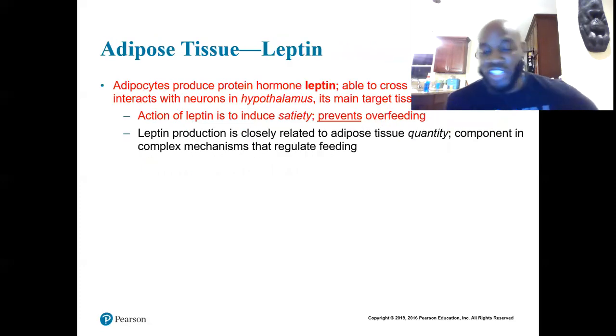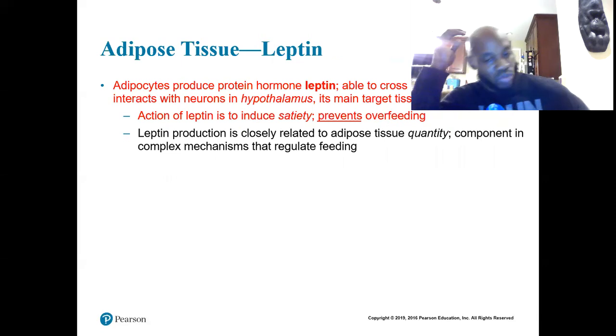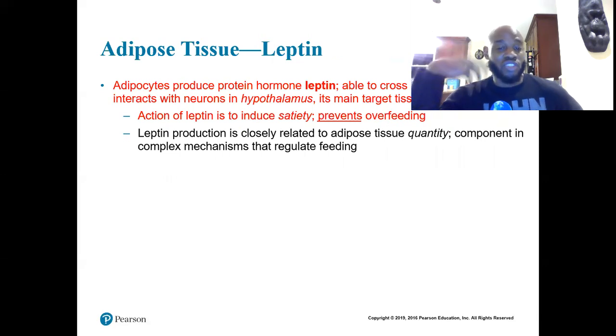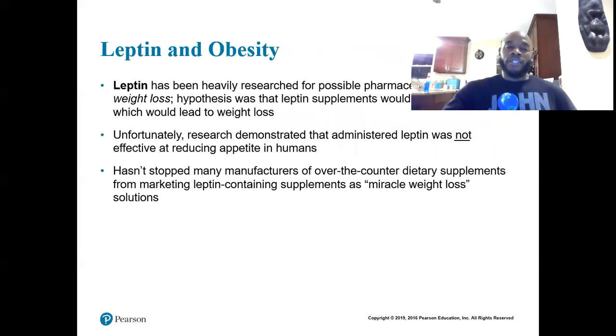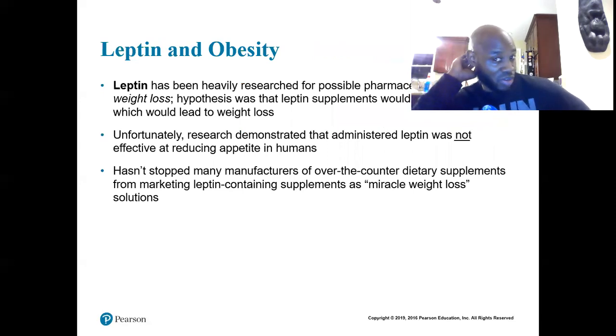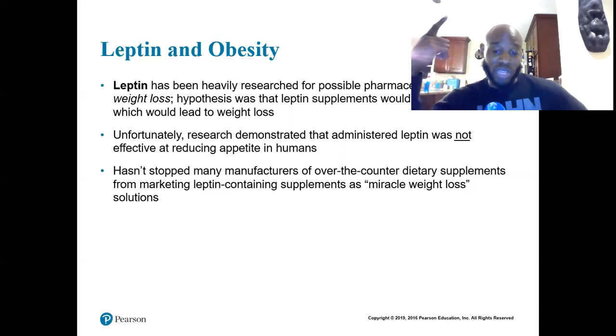Right. Adipocytes, your fat cells, produce some hormones, including a hormone called leptin, which is one of the hormones that helps us have that feeling of being satisfied, so you don't eat too much. A lot of people have researched leptin and thought, well, if we can produce more leptin, then we will have that feeling of satisfaction sooner and therefore eat less food and gain less weight.